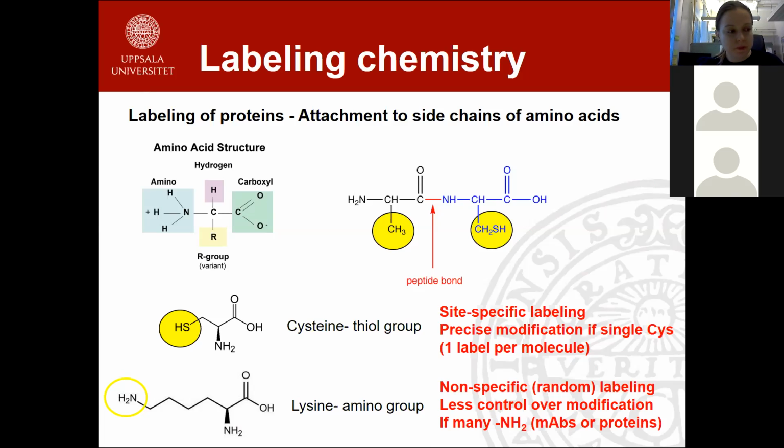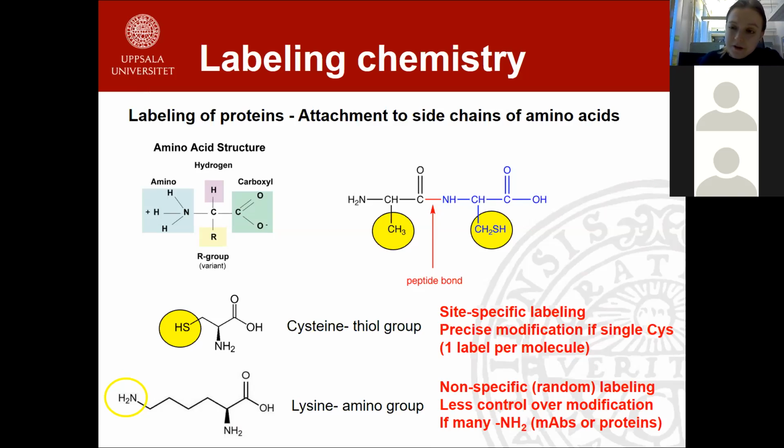Okay, so basically the antibody drug conjugates are conjugates of antibodies and some cytotoxic drugs that are attached to each other, and usually they use non-specific or random labeling, which means that the number of drug molecules for each antibody can really vary a lot in a single dose that you give to a patient. And that has been really the major problem, because if you don't know how much drug you give, you don't know what effect you will get in a patient, and the side effects and so on.